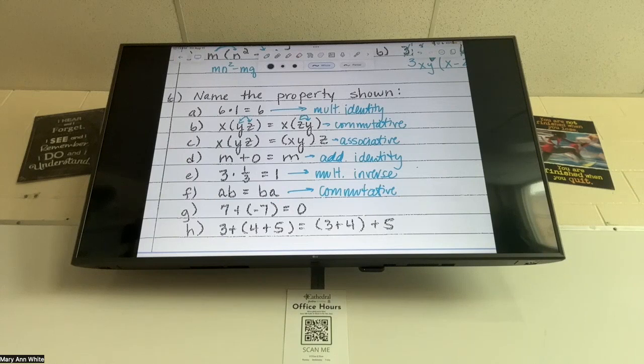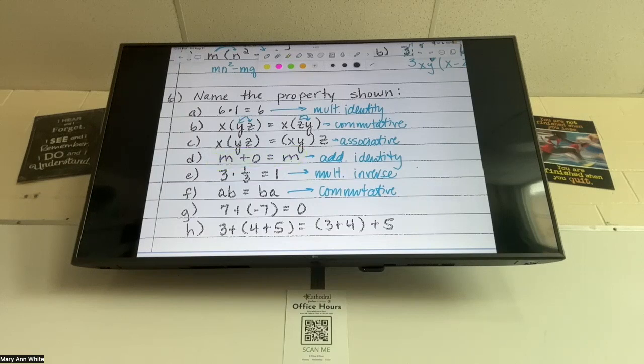7 plus negative 7 equals 0. It is additive, but not an identity, because remember, identity was the one where we added it to 0 and we got the same letter. What does this one look like? We added 2 numbers together and we got 0.